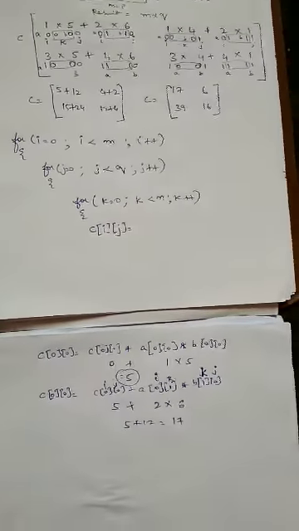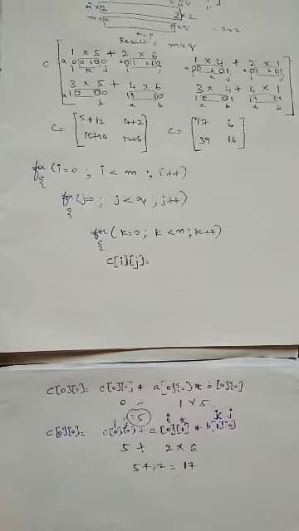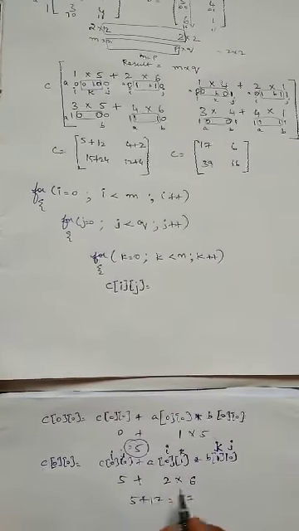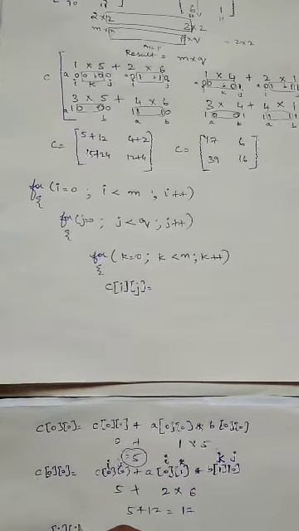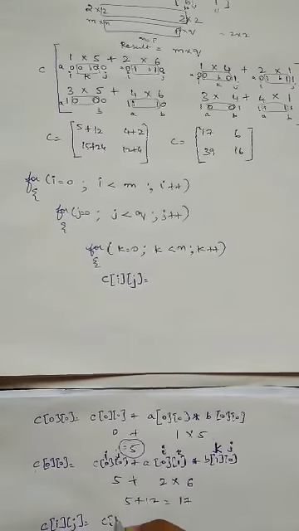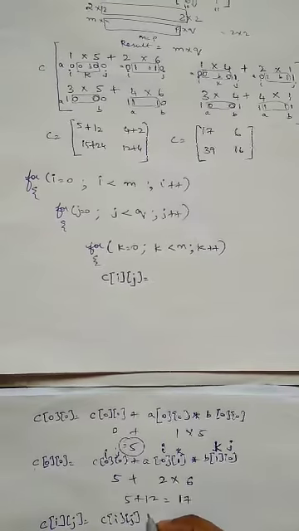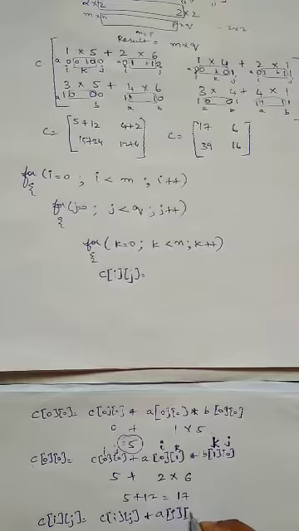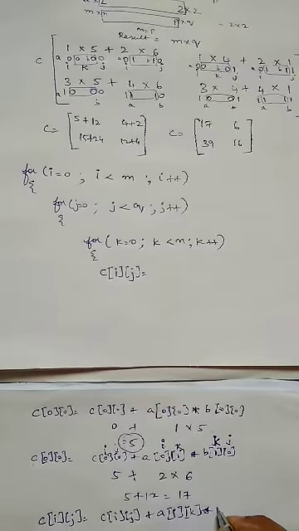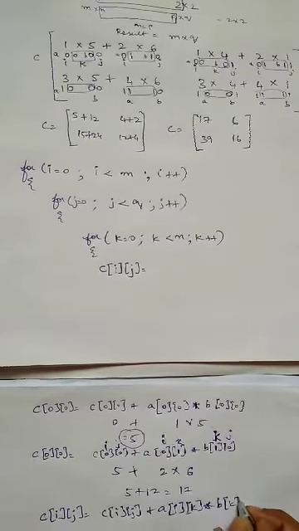This is how we are going to compute the C of 0, 0. Got it? So in general we can land up to an equation: C of ij will be C of ij plus A of ik into B of kj.